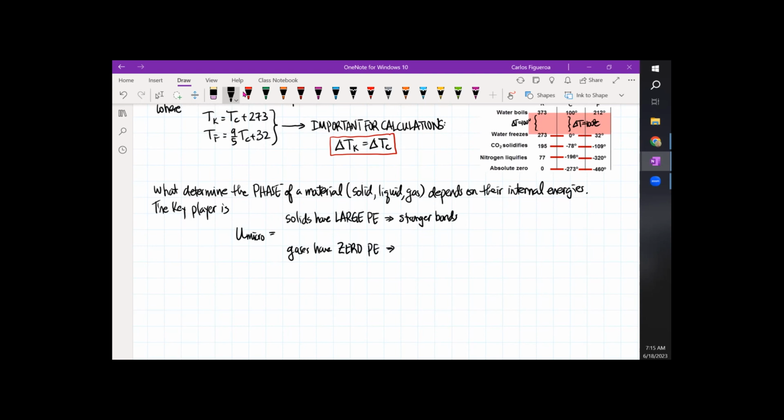So in other words, we're talking about no bonding for ideal gases. So the thing that we need to look at is liquids.